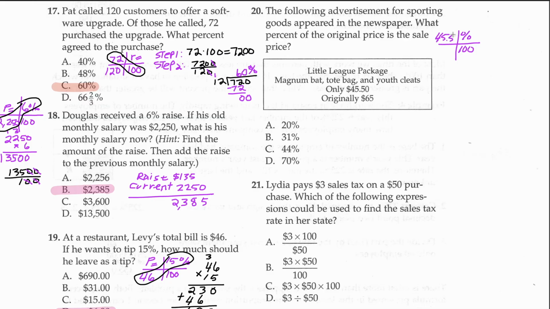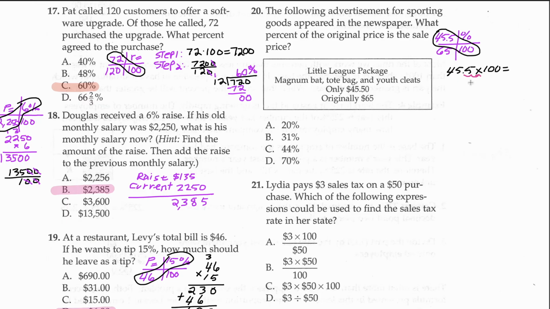Okay, 45.5, and so to solve for the percent, we need to multiply these two numbers. So 45.5, multiply that by 100. That is the same thing as if we move the point 2 places to the right.